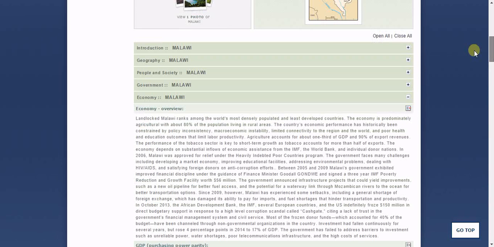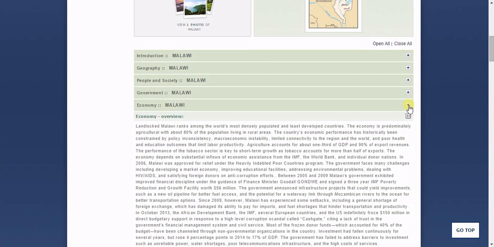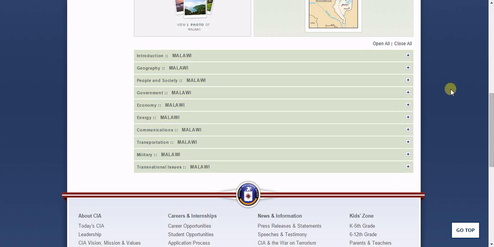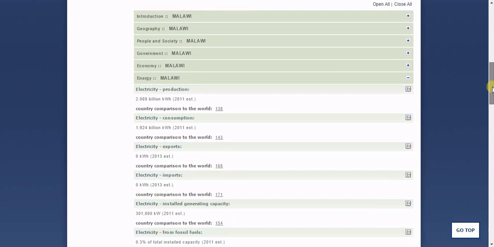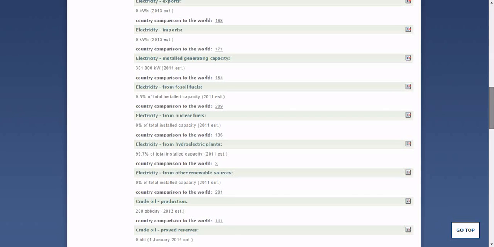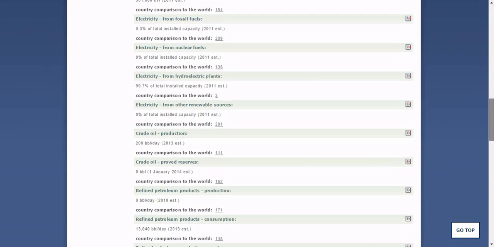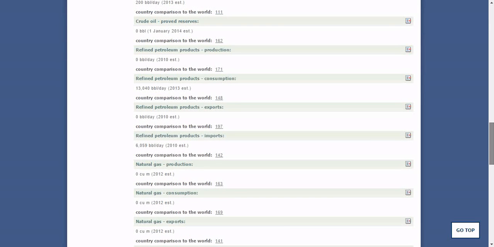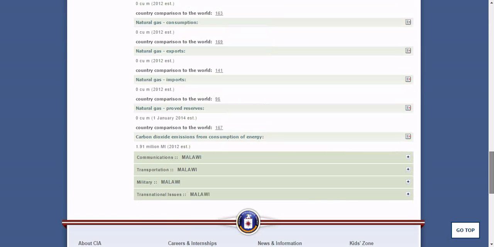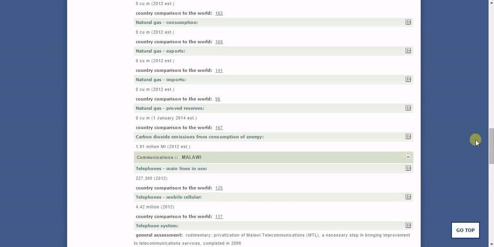And it really is easiest just to click on each section when you're done with it. Not only does it help you know where you are, but it helps you save some space and some scrolling. And that tells you about energy, what kind of energy they use. They use a lot of electricity. In fact, they use electricity, oil, and natural gas. How they communicate, transportation.